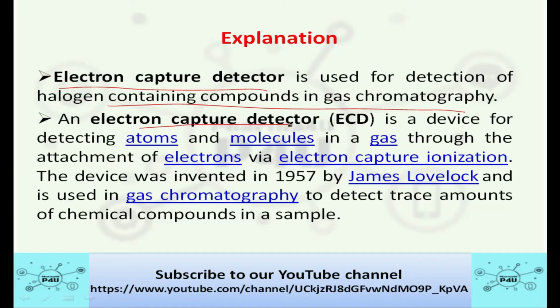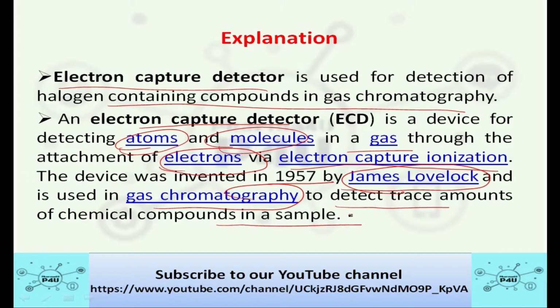It is a device detecting atoms and molecules in a gas through the attachment of electrons, and it was invented in 1957 by James Lovelock. It is used in gas chromatography to detect trace amounts of compounds in a sample. So students, this is all about the electron capture detector.